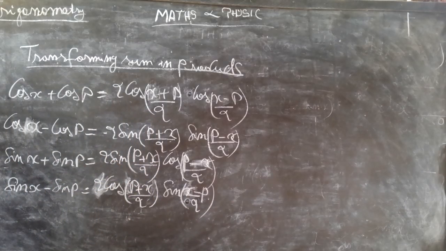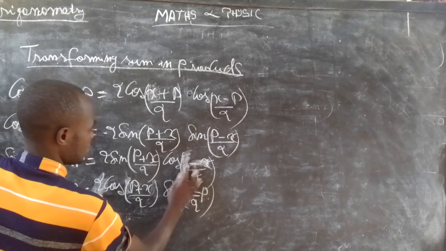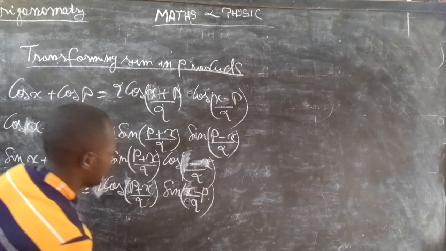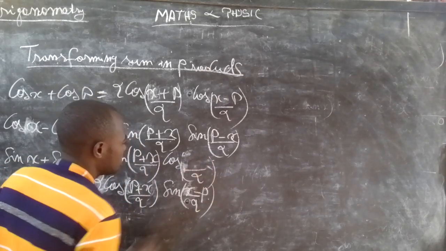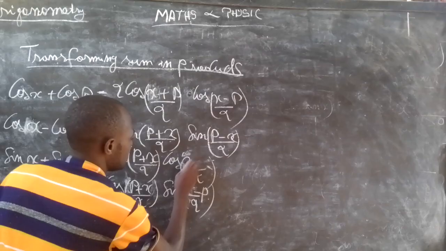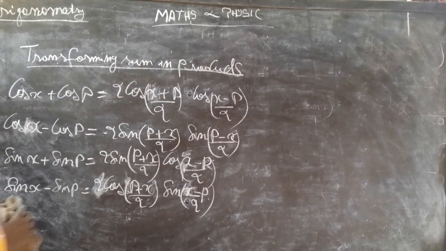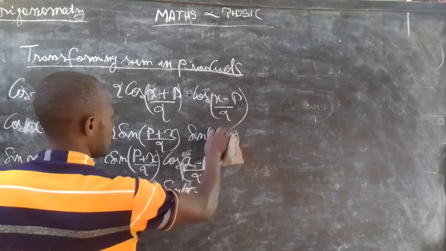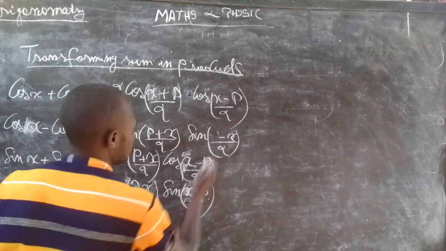Let's check if it is written well. Here we have x, and here x minus p. This is x minus p also, and also here this is x minus p, not p minus x.